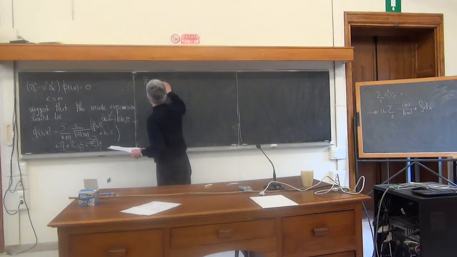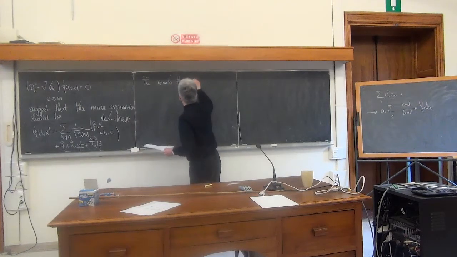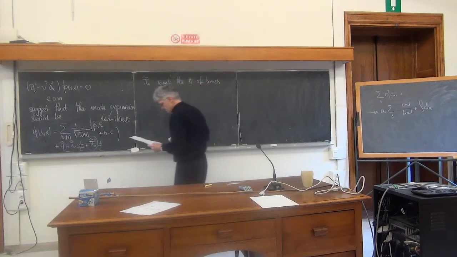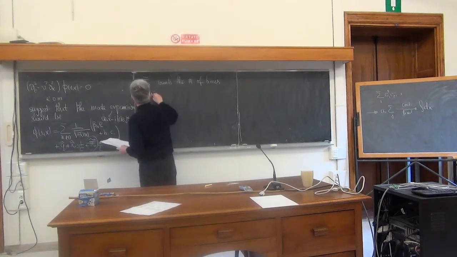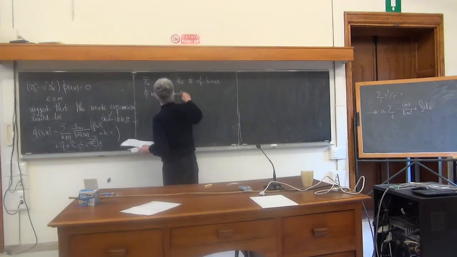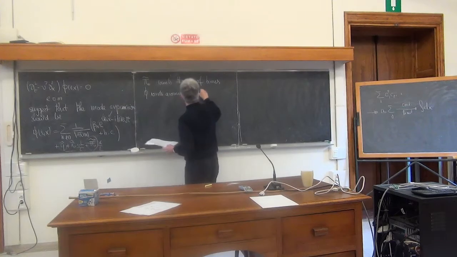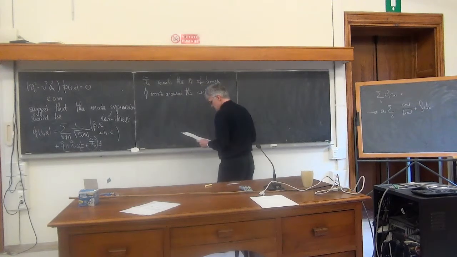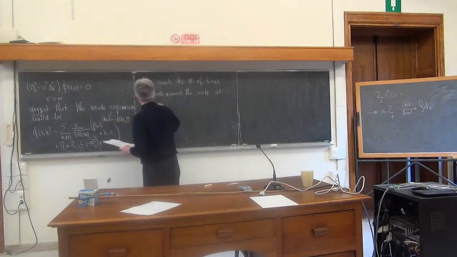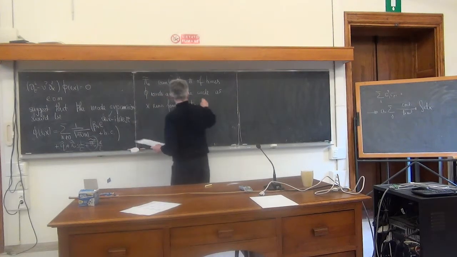This one counts the number of times phi winds around the circle as x runs from 0 to L.